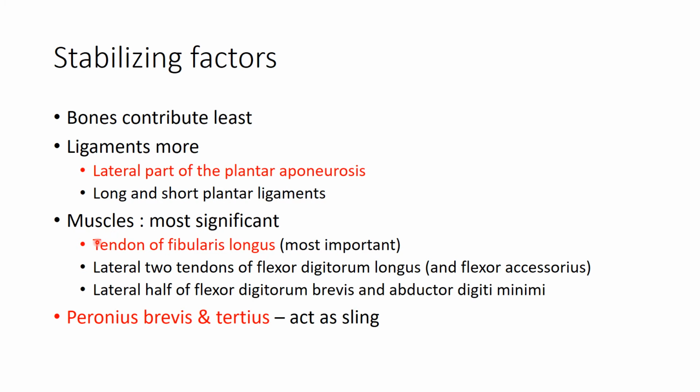Now the muscles have the most significant role in maintaining the arch, especially the laterally lying tendon of fibularis longus, which is again aided by the lateral two tendons of the flexor digitorum longus along with the pull of the flexor accessorius, as well as the lateral half of the flexor digitorum brevis and abductor digiti minimi. So the pull of these maintains the arch from the plantar aspect, and working from above, peroneus brevis and tertius act as a sling and heighten the arch.